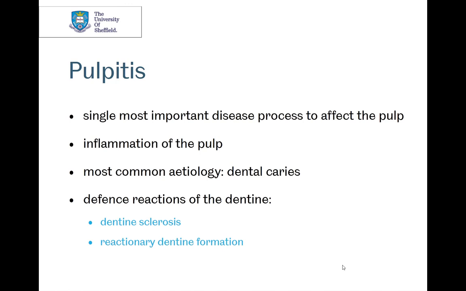Initially, the dentine will respond by trying to protect itself, so the dentine tubules will close over, that's dentine sclerosis, and you'll get reactionary, that's tertiary dentine, laid down in response to a stimulus. But pulpitis, hopefully not by experience, is an incredibly painful thing.